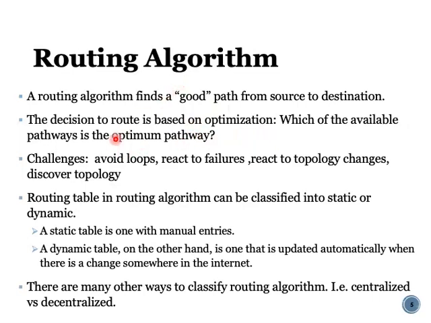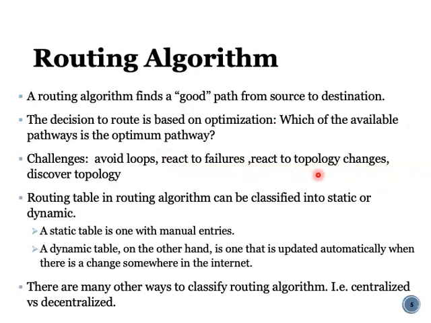So the challenges of the routing algorithm are to avoid loops within the network, because we don't want the datagram circling around the network in many loops. Another challenge is to react to failures. For example, if one of the routers fails to perform, how is the routing algorithm going to find an alternative path to the destination?